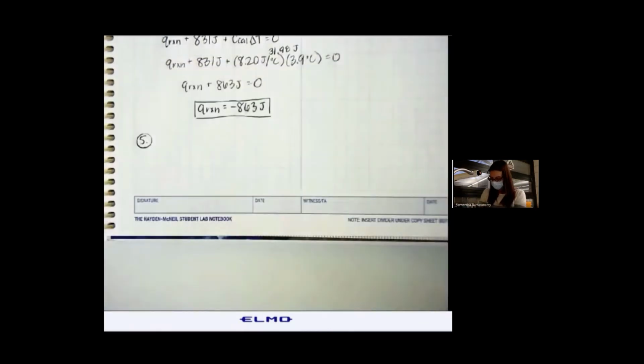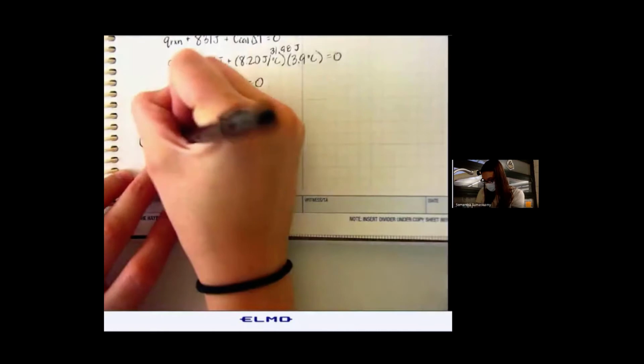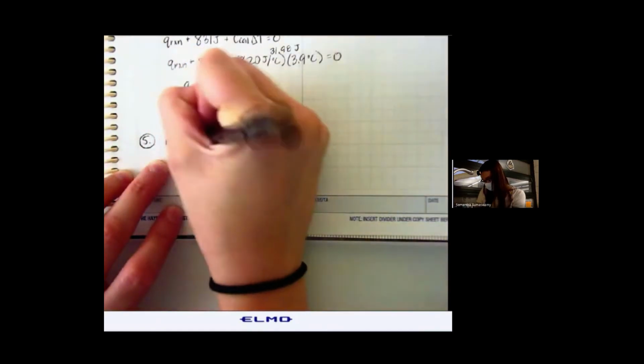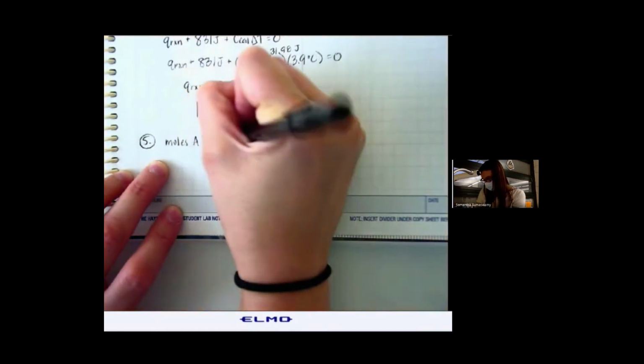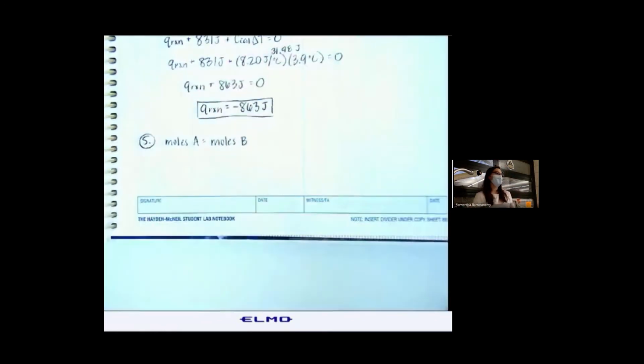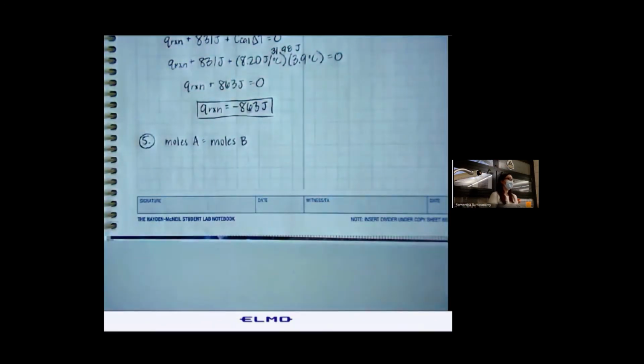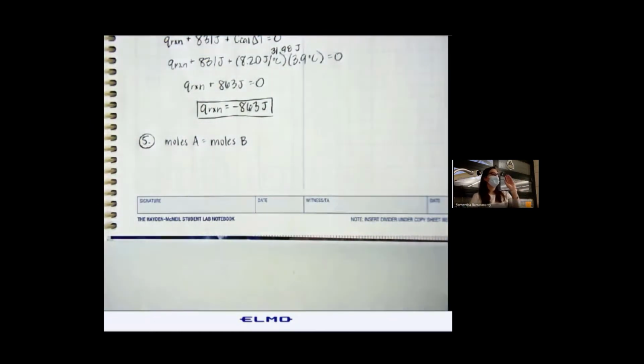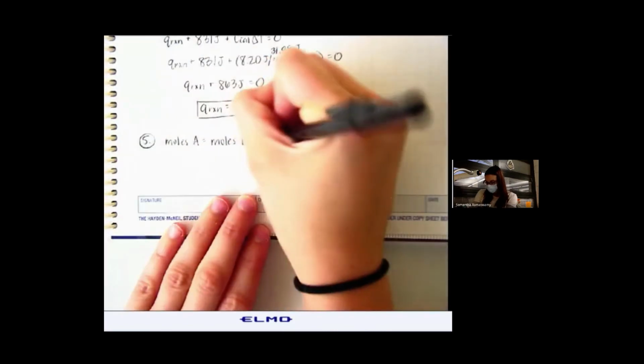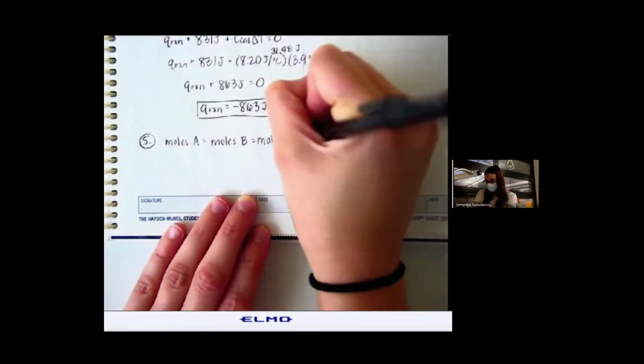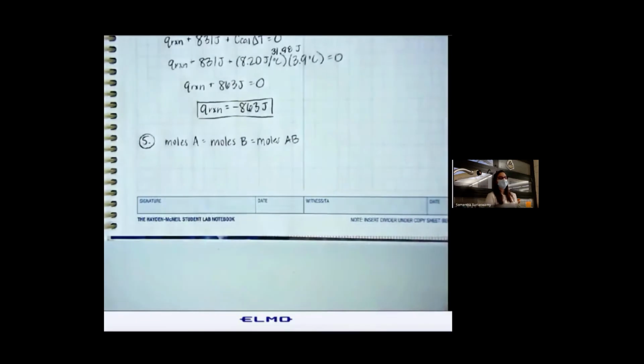So something I'm just going to write down first is that moles of A equals moles of B. That means there's no limiting reactant. Makes it very nice for us. And based on the balanced equation, it's 1 to 1 to 1. That means whatever the moles of A and the moles of B are is also the moles of AB.